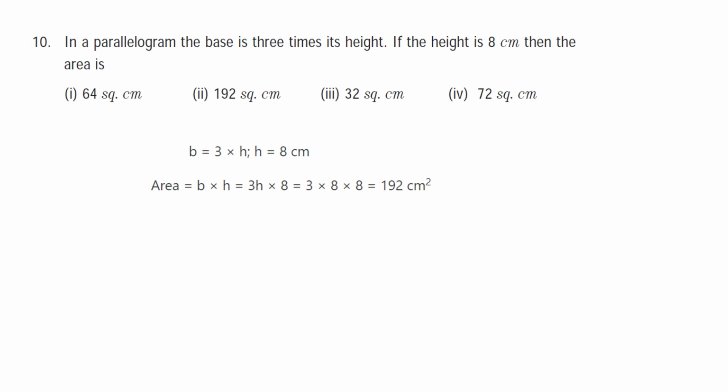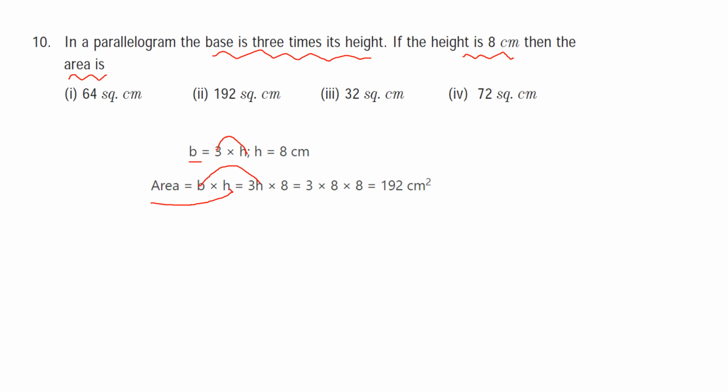A parallelogram, the base is 3 times its height. So the height is also given as 8 centimeter, then the area. First we write area equal to B into H. What is the B condition? B is 3 times its height, means 3H. So for that B we can write 3H.